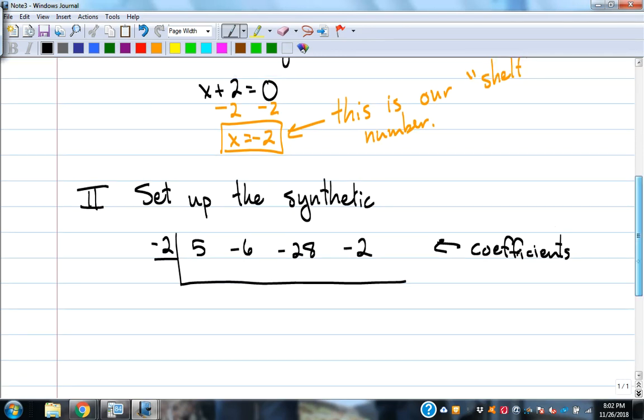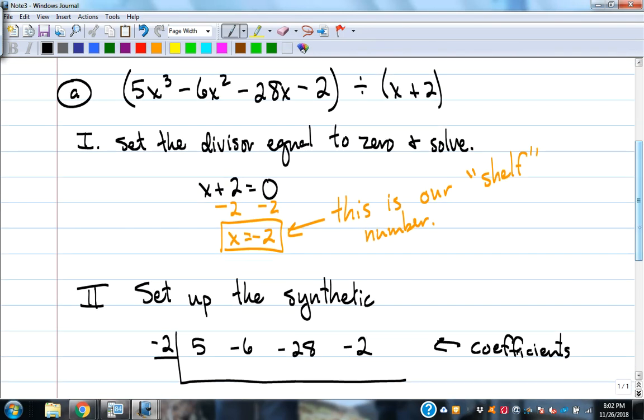Those are the numbers from our polynomial that we're dividing into. That's where those numbers are coming from. Take the sign that's in front of it. Okay?